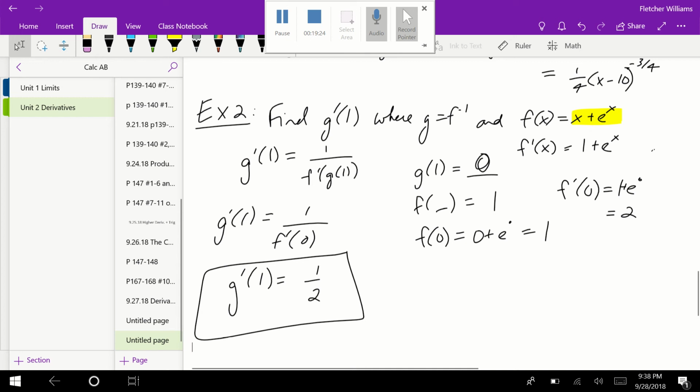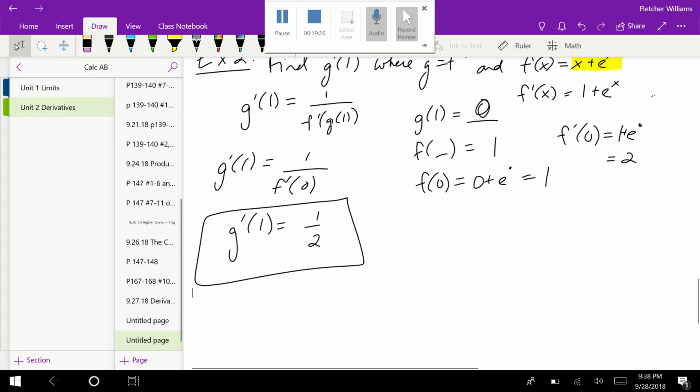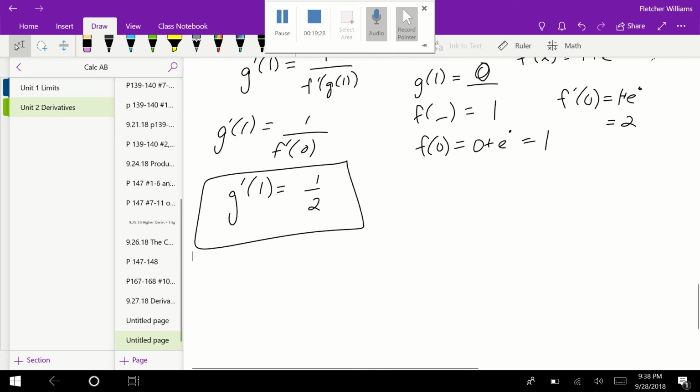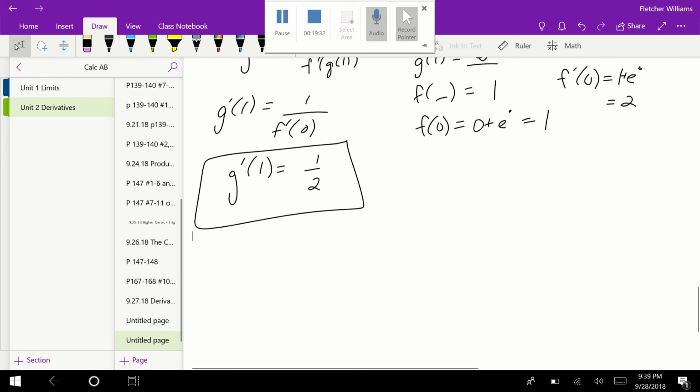Okay, a really neat application of this understanding is figuring out what the derivatives of the inverse trig functions are. So let's write that out. Derivatives of inverse trig functions.